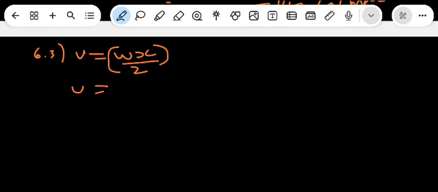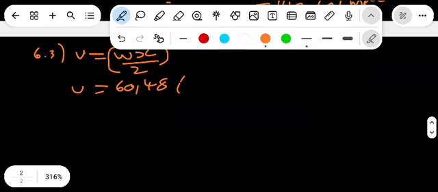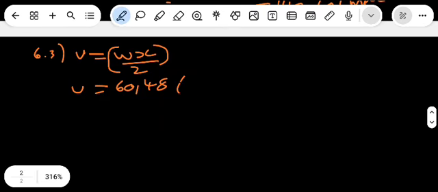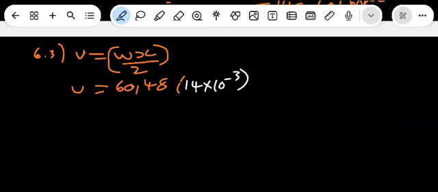We are given the weight, 60.48, and the deflection, 14 times 10 to the power of minus 3.